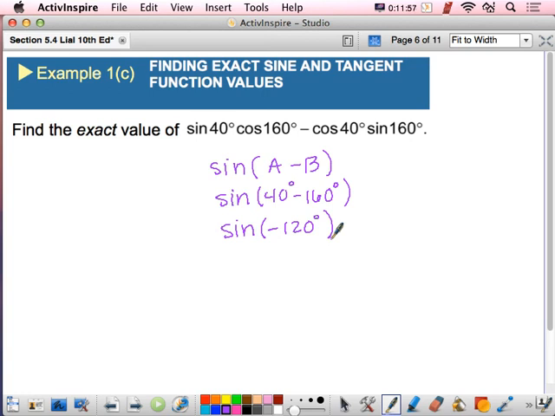So there are a couple of ways we could do that. We could just look at it and say negative 120 degrees would be here with a reference angle of 60, right? Nah, I lied. That's definitely not negative 120. You guys would agree with anything I said. Quadrant 3. Thank you. I had to think about it for a second. Okay, where is negative 120?